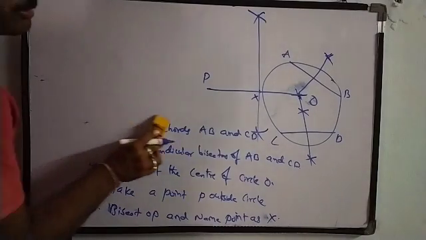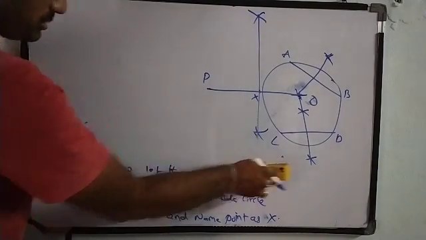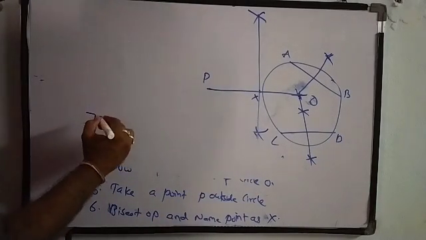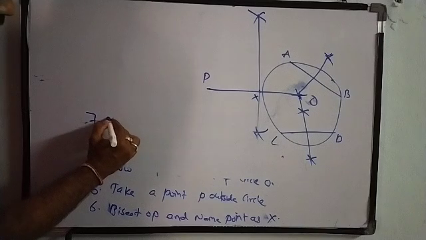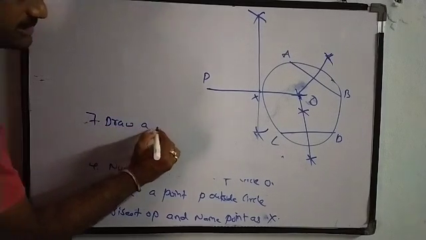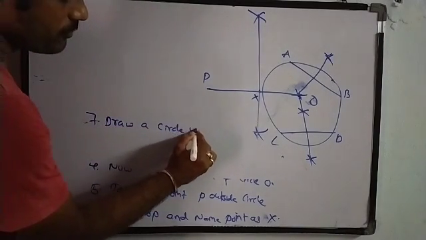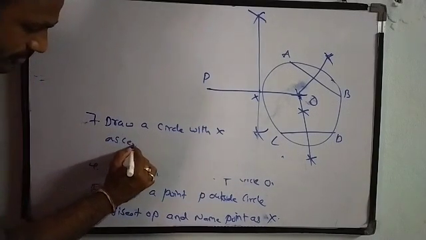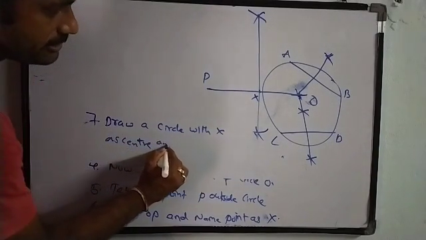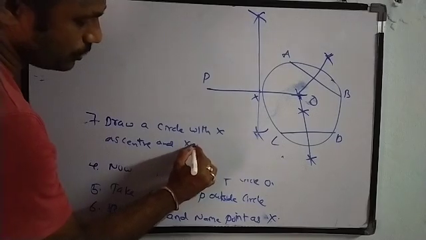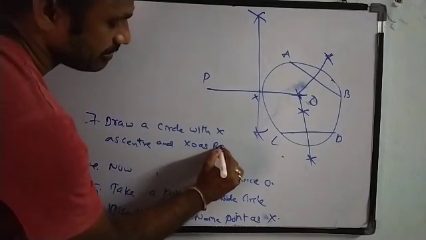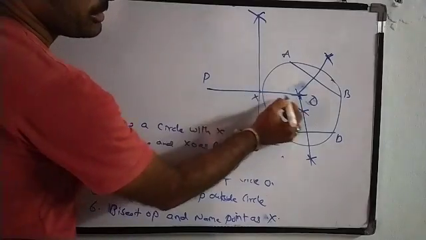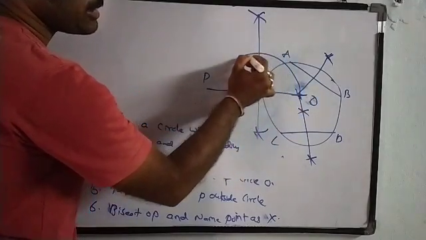This is similar to the first question. Now coming to the 7th point. Draw a circle with X as center and XO as radius. We can take XP or XO as radius, no doubt about that. We are drawing a circle here.